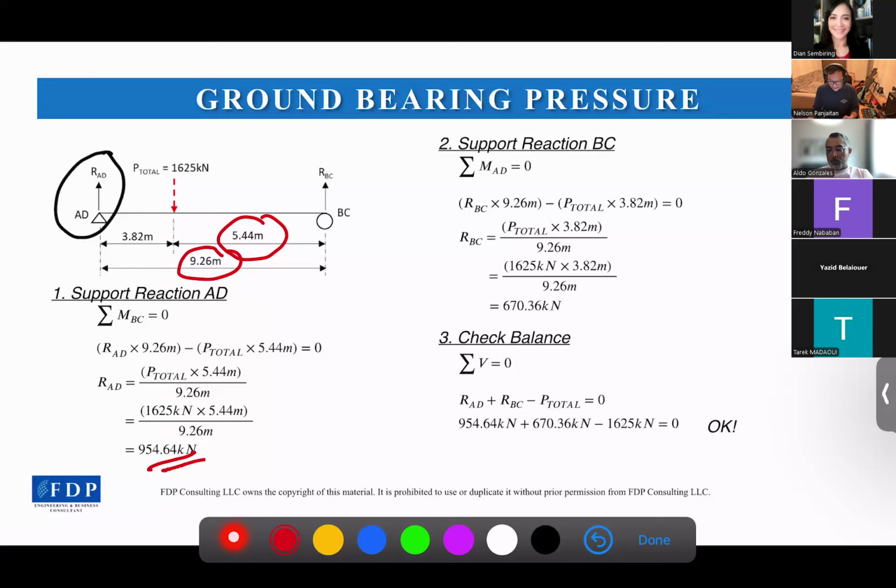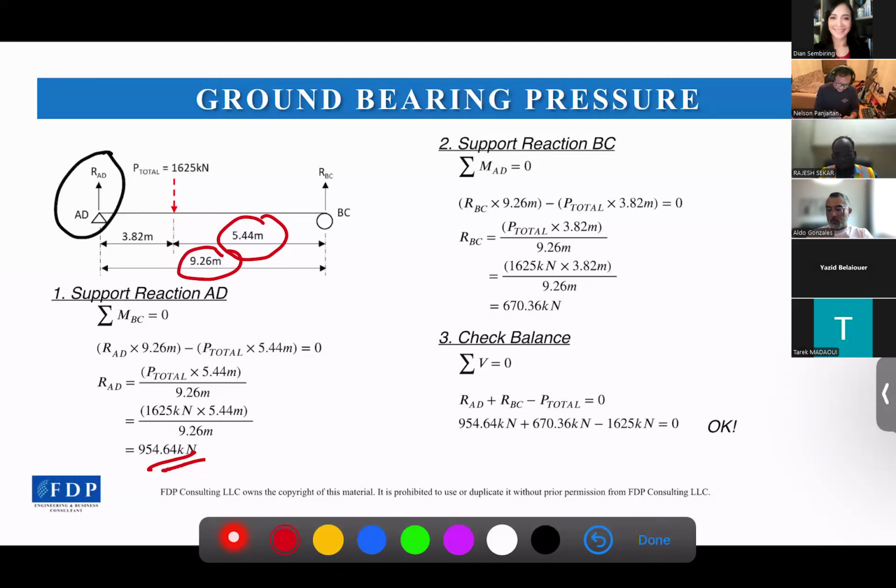Anyone get some doubt on this calculation? Okay, repeat this section. Support reaction AD, can you repeat that? So the support reaction AD, we calculate by using the determinate static, correct? Which is saying that total moment at the support equals 0.